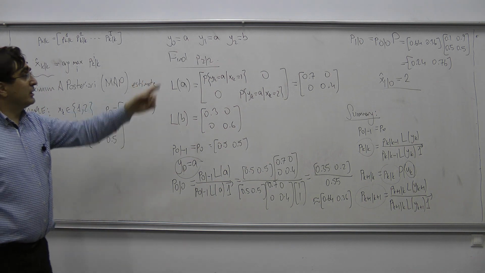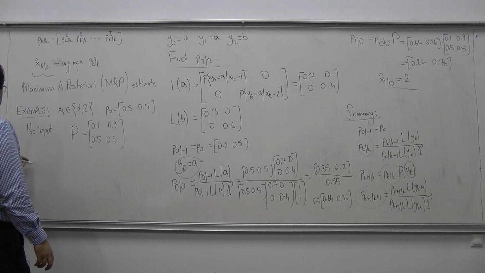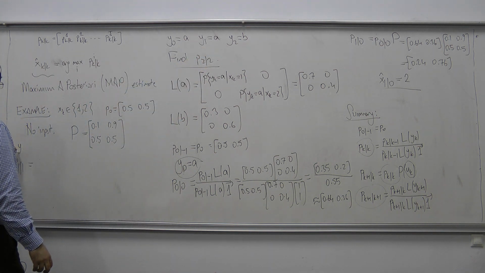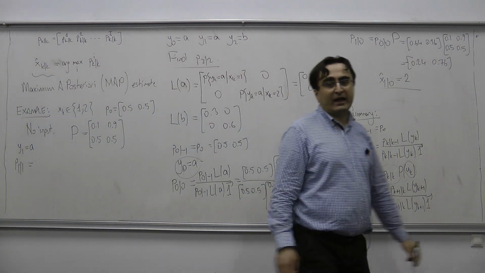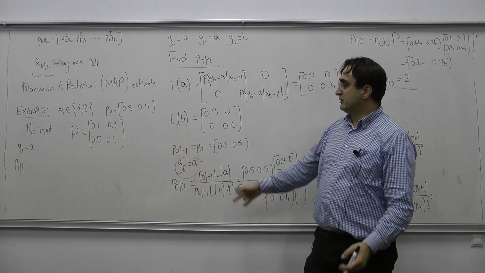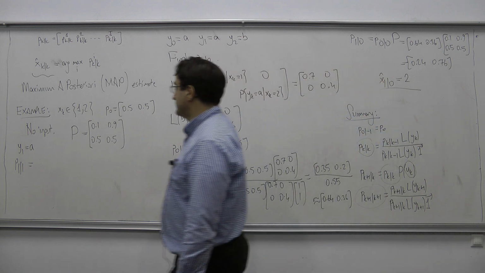And let me calculate P1 given 1. Now we get another measurement, okay? We get the second measurement, y1 is equal to A. We again measured the output A, and now given these two measurements, what is the probability distribution of the state?